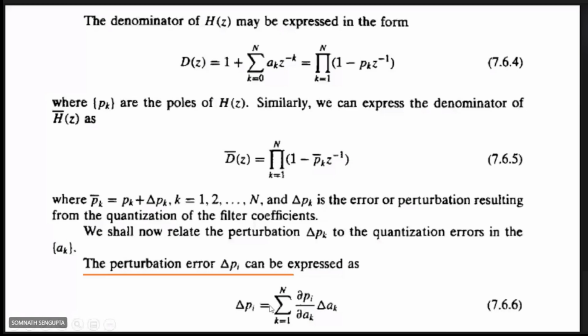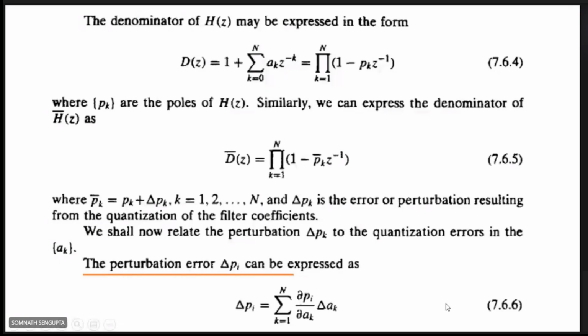So that represents the change of values of poles pi divided by the change of values of coefficients ak, where k goes from 1 to n. So dou pi, say for the ith pole, is dou pi by dou a1 into delta a1 plus dou pi by dou a2 into delta a2.